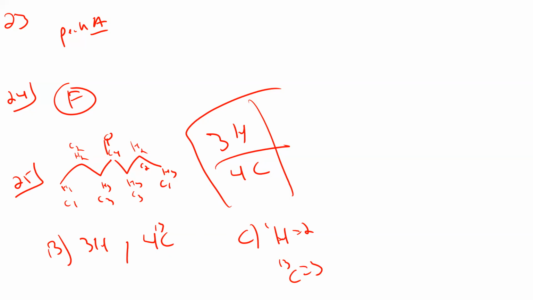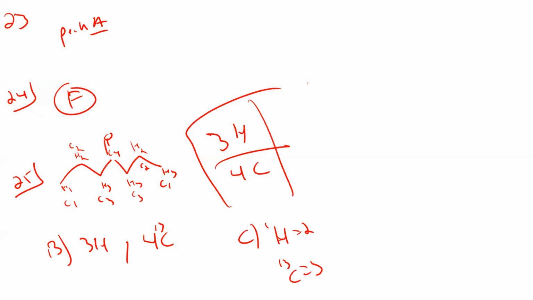And for compound D, proton will be 3 and our carbon will be 4. All right, so that gets us 25 done.